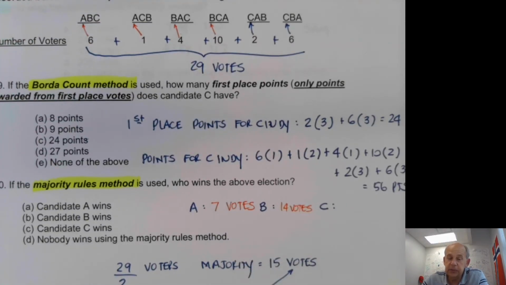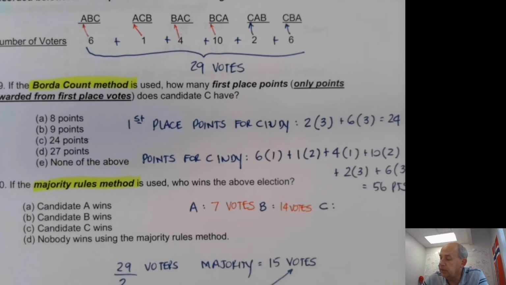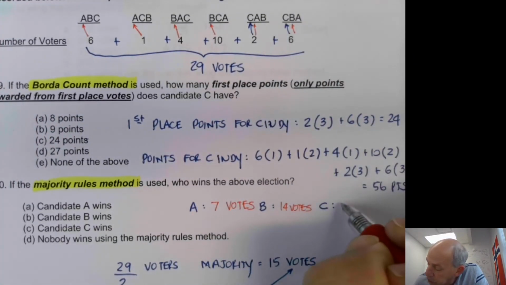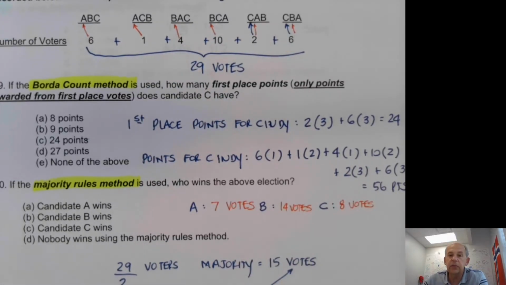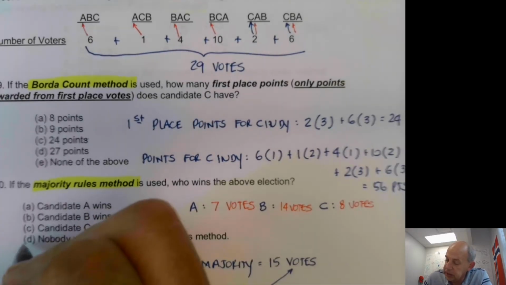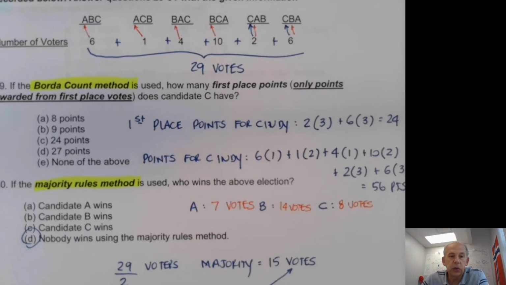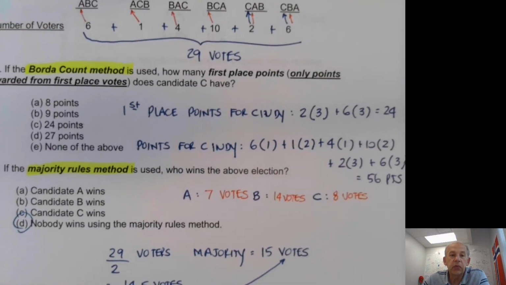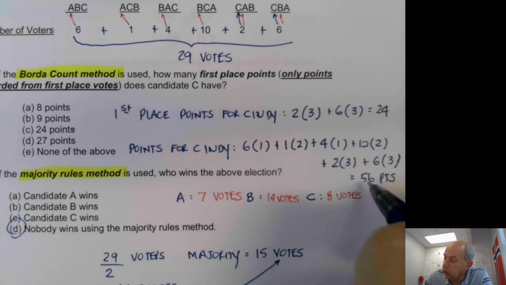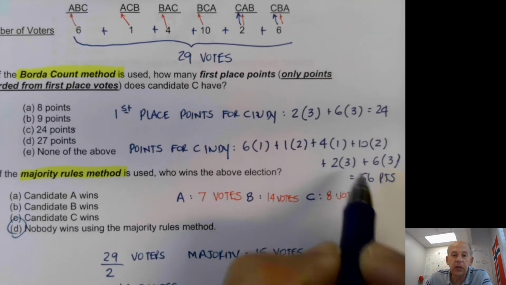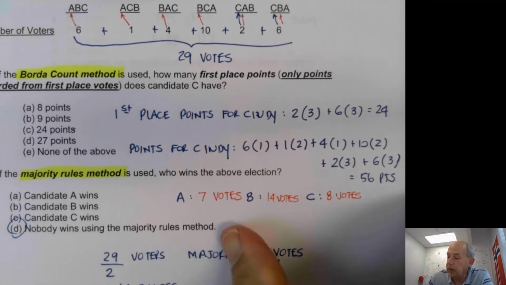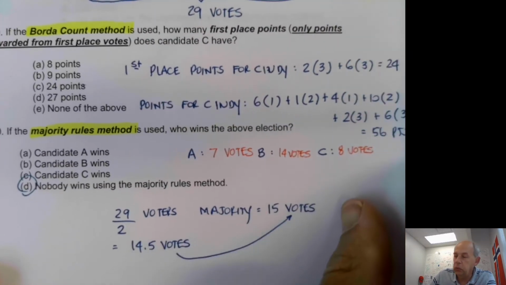They're close, but does not quite get a majority of 15 votes. And then candidate C, 2 for first place, 6 for first place, for a total of 8 votes. Nobody gets 15. My answer is choice D. Okay, so there's how you would do a majority rule wins. For the total points for Cindy using Borda count, it was 56. For the first place, it was 24, and nobody wins using majority rules.